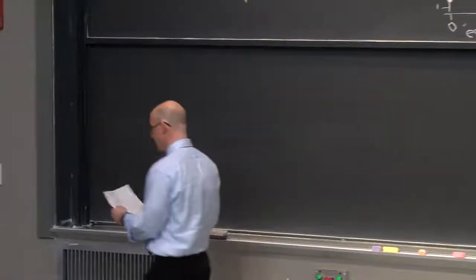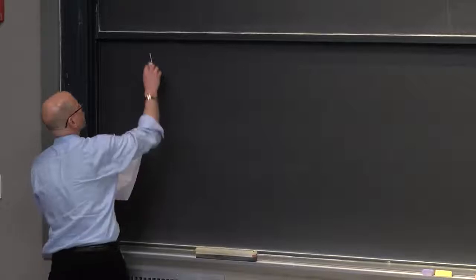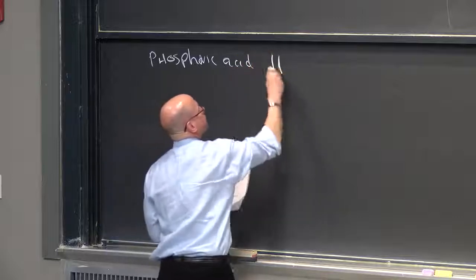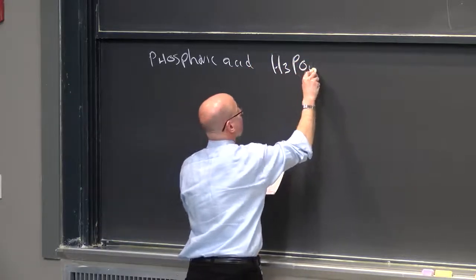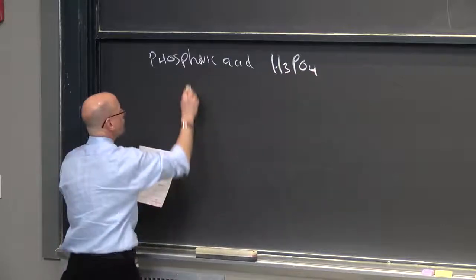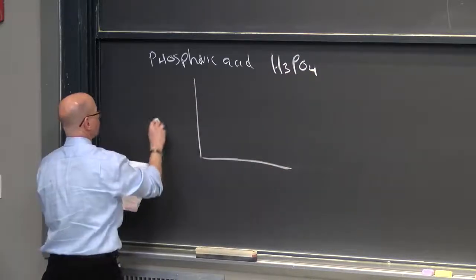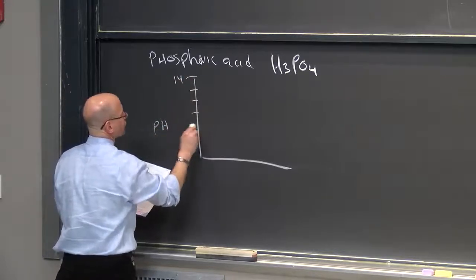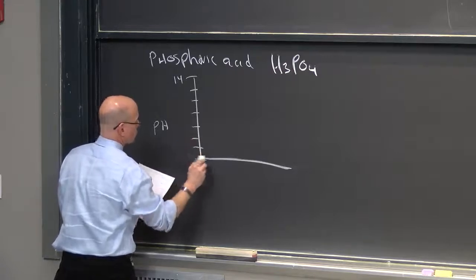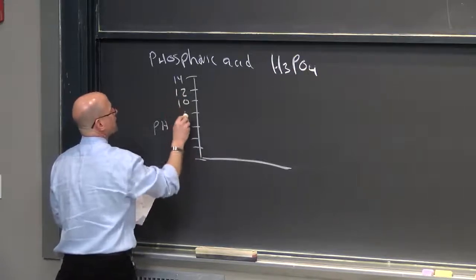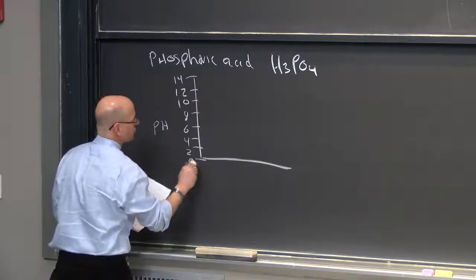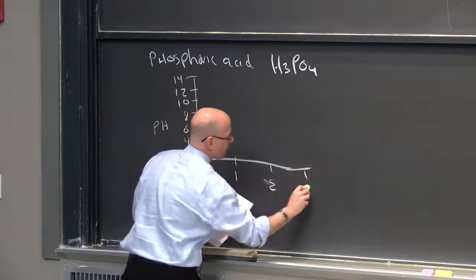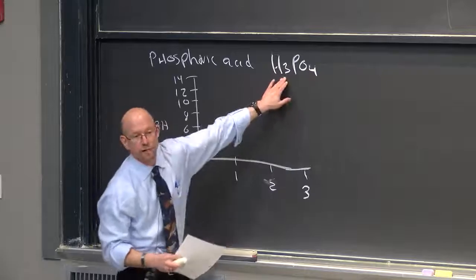I'm going to do the exact same thing, but this time for phosphoric acid, H3PO4. And if I plot the pH, 14, 12, 10, 8, 6, 4, 2, 0. You'll notice that phosphoric acid has 3 protons.